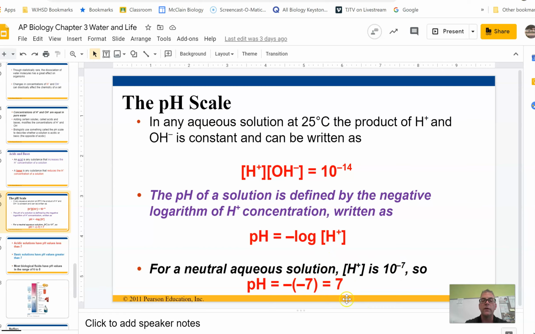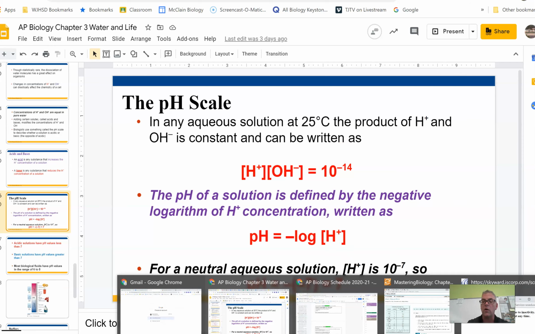So that means this is the concentration of hydrogen, and my hydroxide ion would also be the same, because the product of those two together would give me 10 to the negative 14th.